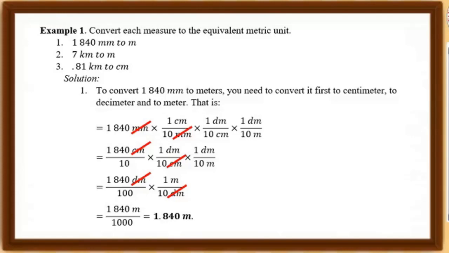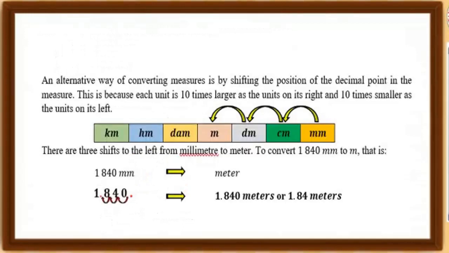We have 1,840 times 1 meter is equal to 1,840 meters over 1,000. Then it is equal to 1.840 meters.